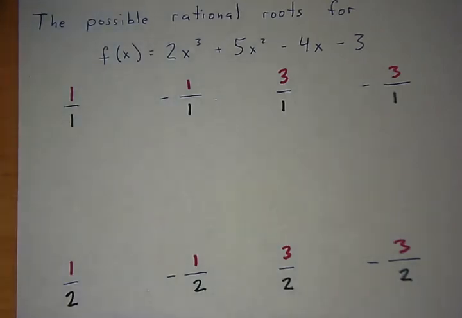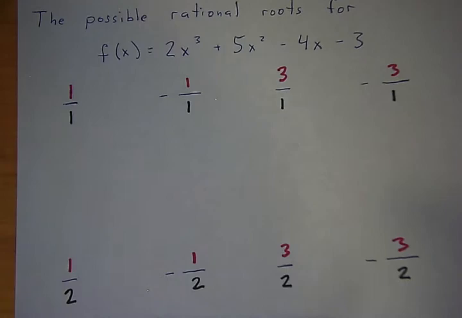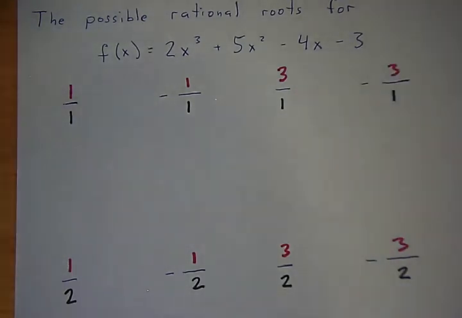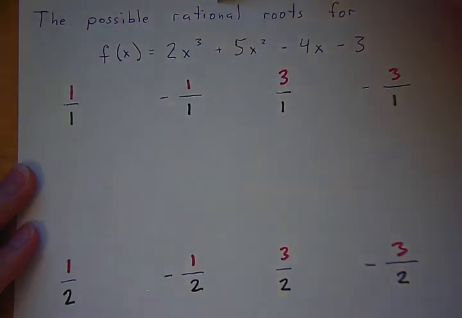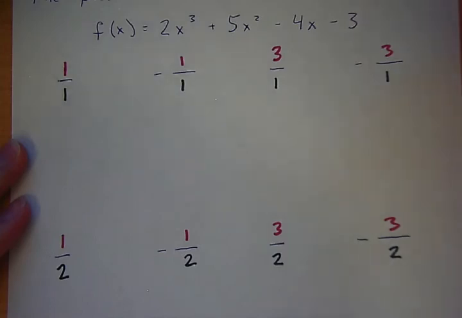Technically, we also have the combination negative 1 divided by negative 1, which will just equal this right here, or negative 3 divided by negative 1, which just equals this one here. Okay, so if there is a rational number for x that makes the y equal to 0, it's going to be one of these 8.